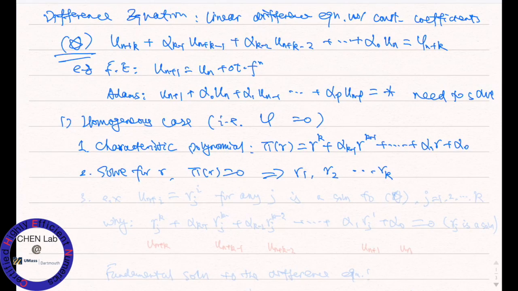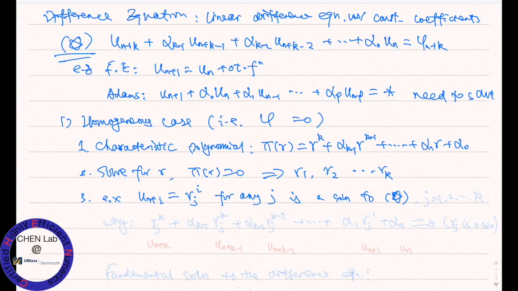Because that's what it says. If your phi is 0, you have that, and then if you think about it, we have a solution already. For example, the solution u_{m+i} equal to r_j to the i-th power, for any j, is a solution.